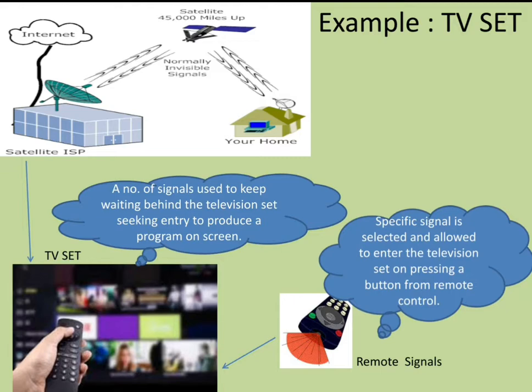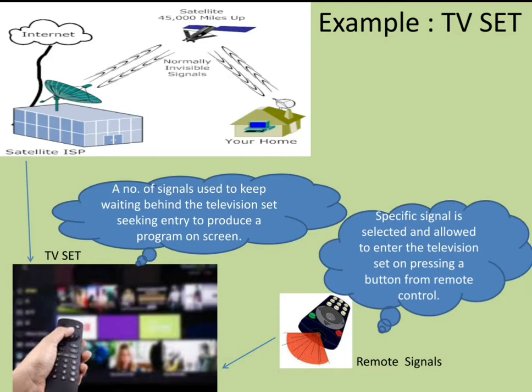Means you require inputs, n number of inputs, any number of inputs, and a television set, for example, and you want a remote control to control n number of signals and to produce only one output signal. This is an example of multiplexer.